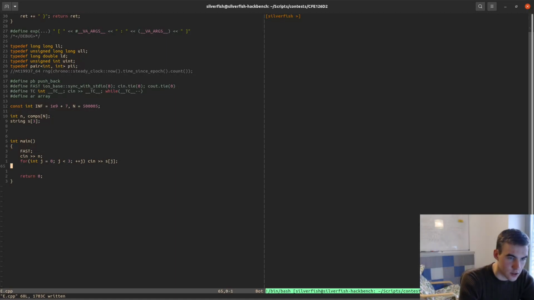There's going to be at most 3 times n components. I don't need the size of component, I just need last bridge, and I need the number of components in total.